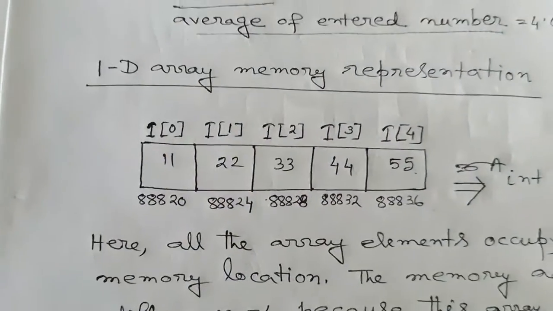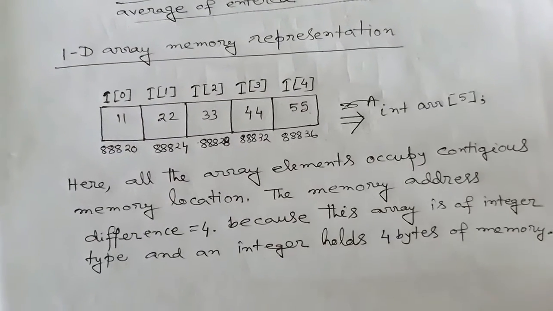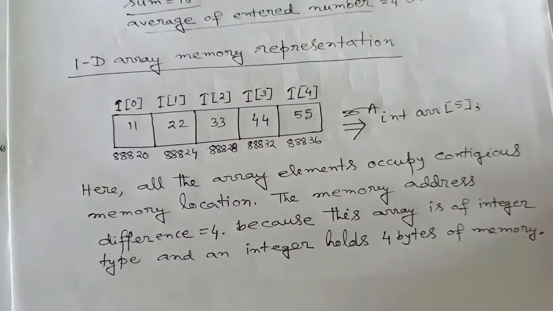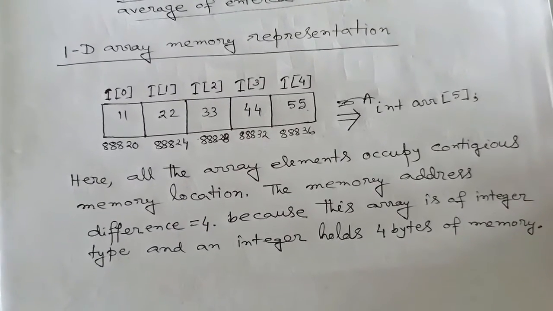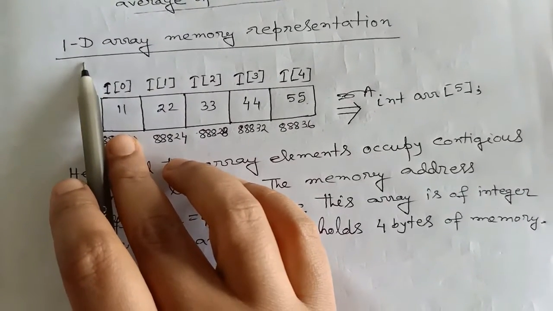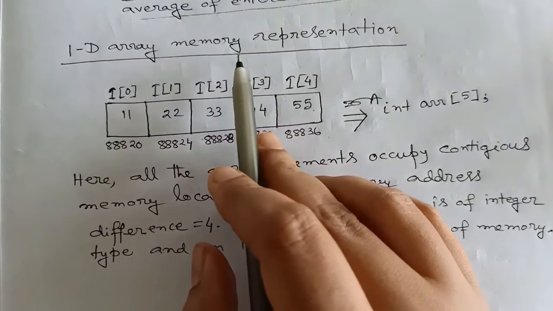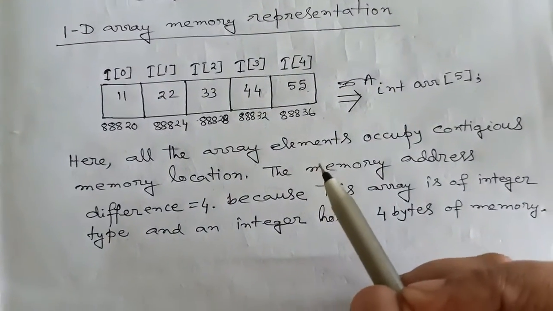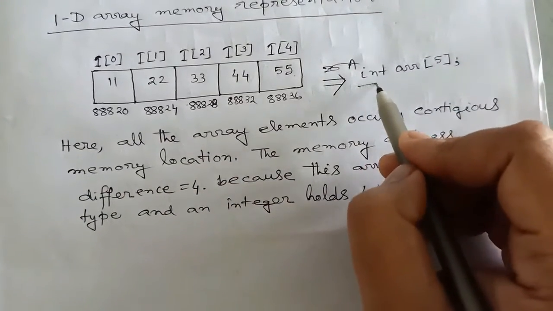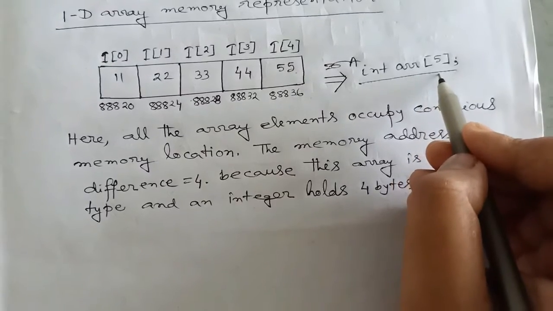So hopefully all of you have understood the array, including the one-dimensional array representation. Now we see the one-dimensional array memory representation. Suppose we declare an array int arr[5].